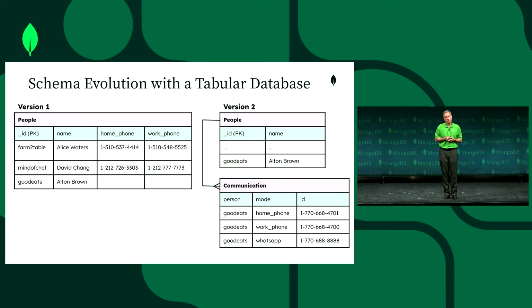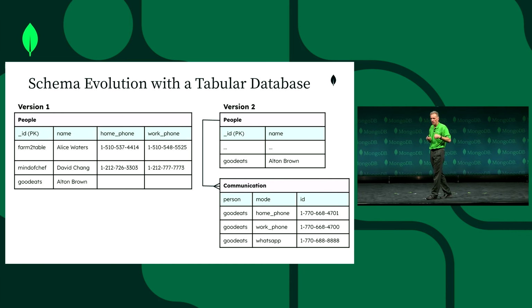What we want to do here is go from version 1 to version 2. We're going to transform this one-to-one relationship between home phone and the person into a one-to-many, where we're going to be a little bit more flexible about the type of communication we can add. So now whatever new mode of communication is introduced next month, we can model it with that.